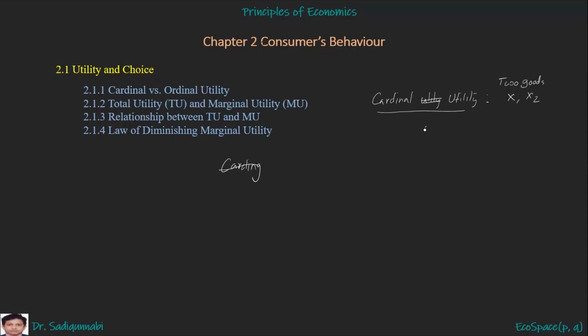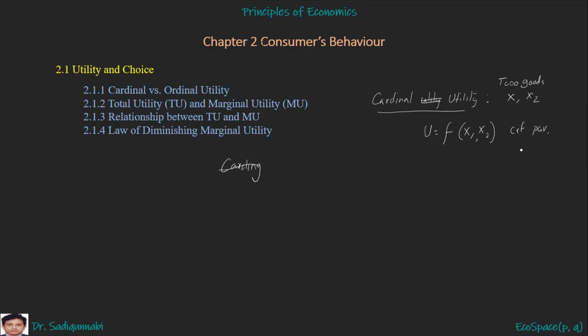Mathematically we can say that utility is a function of x1, x2. And here you use ceteris paribus. Why? Because we can't lead our life with two goods. So we keep all other consumption of goods and services constant.